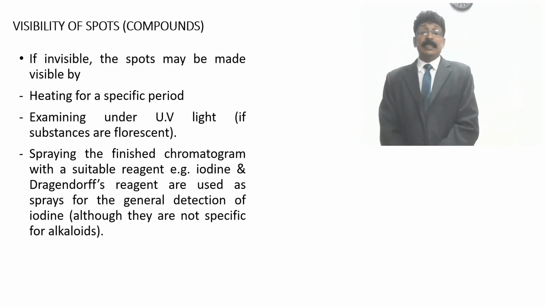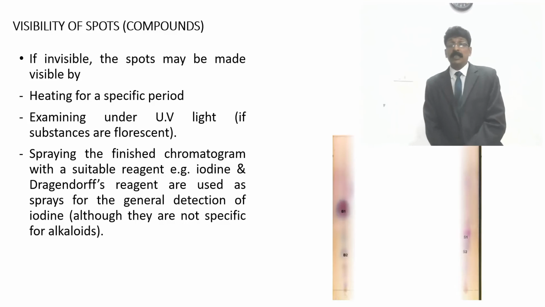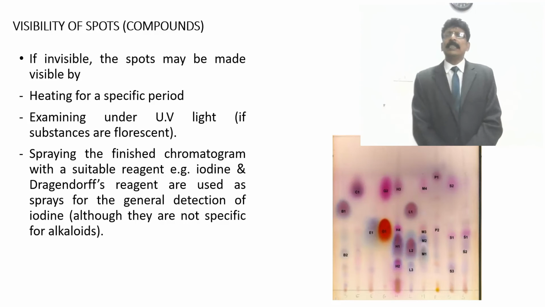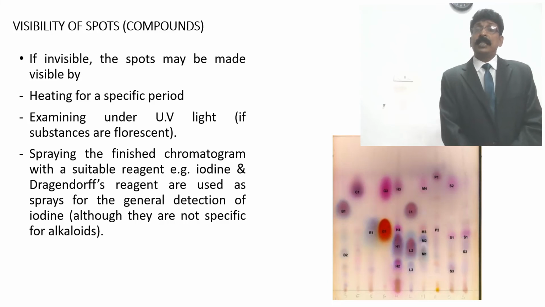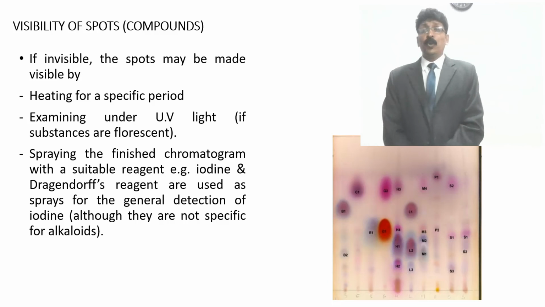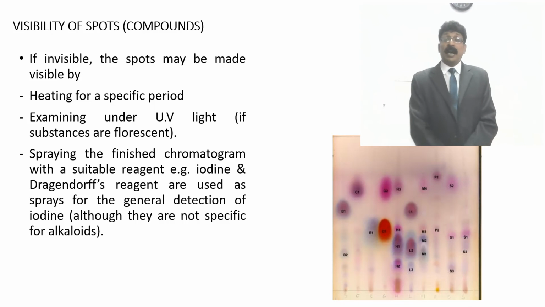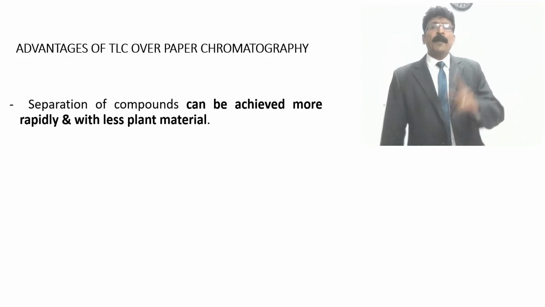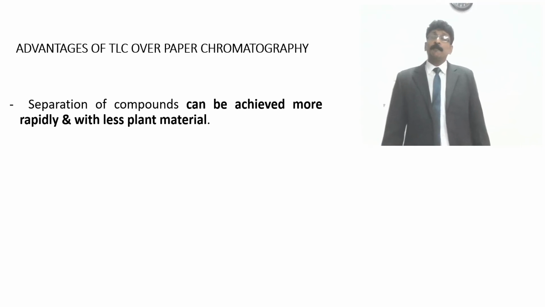Dragendorff's is specific for alkaloids, where you can see purple and red colored spots, and yellowish brownish spots can be seen when you use iodine chambers or iodine vapors created in the chamber. Advantages of TLC over paper chromatography: separation of compounds can be achieved more rapidly with less plant material.